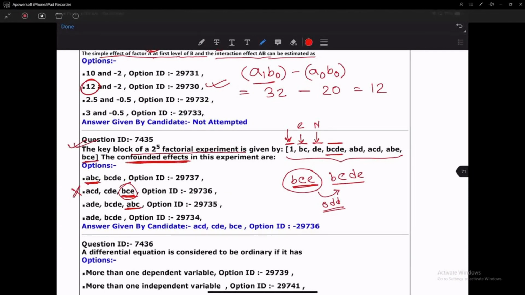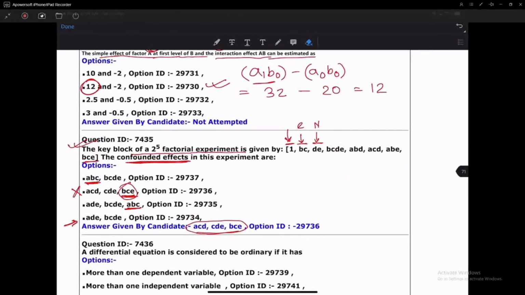And don't try to look at these answers, as these answers are most of the time wrong. So option 2 cannot be correct. Now let's check option 4, the last option, which is ADE and BCDE. Let's start with BCDE.